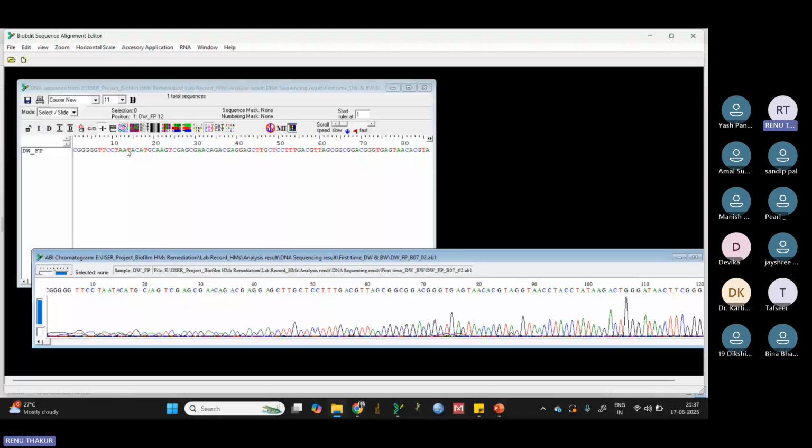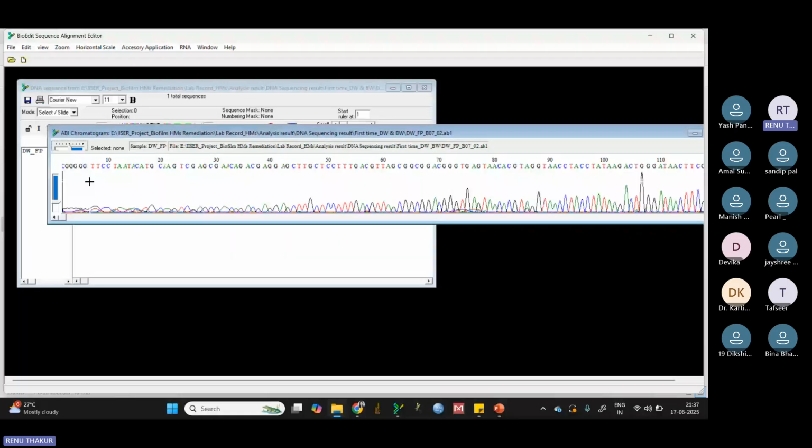Whenever individuals do the sequencing, they tag each and every nitrogenous base with a particular color so that it is represented easily. Red denotes thymine, blue denotes cytosine, G, guanine, is in black, and adenine is in green. So these four colors are used for the sequencing.